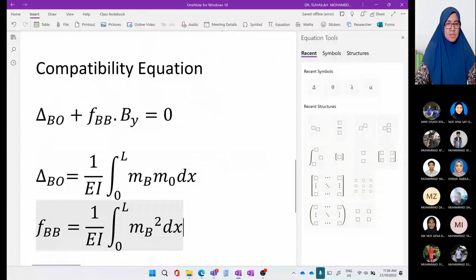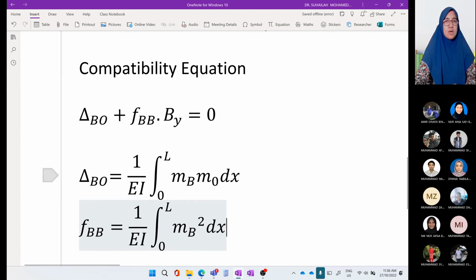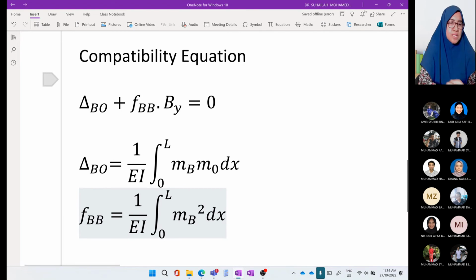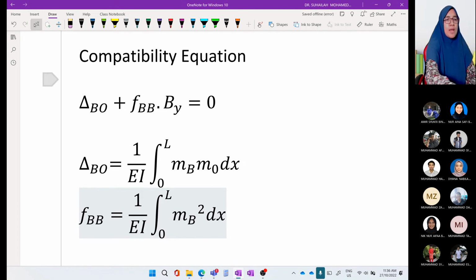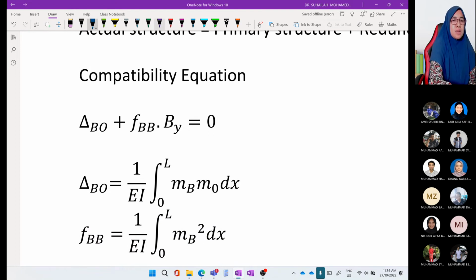Okay, so these are the two formulas for displacement. This is what I always reminded you last week. We have to start by always looking at the top. The backward calculation. On top we have to calculate three unknown reactions.